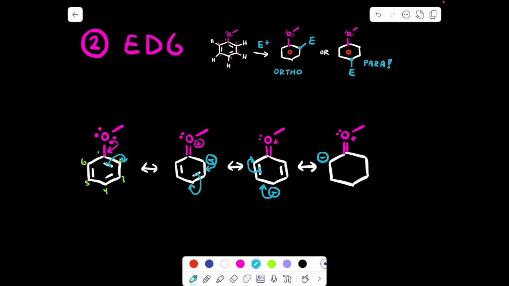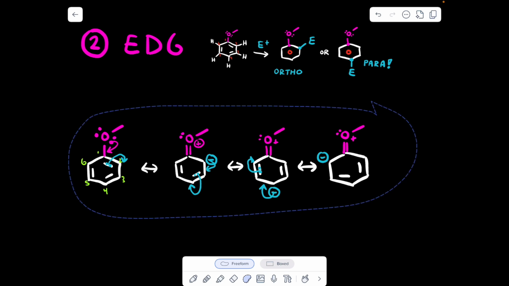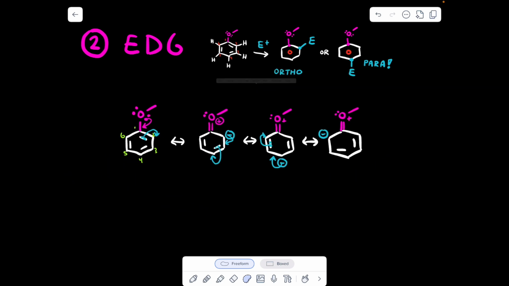So, going back to our original structure, ask yourself, which carbons are nucleophilic, nucleus-loving, so more likely to attack electrophilic things, when there's an electron-donating group on the benzene ring? Well, resonance told me that carbons number 2, 4, and 6 are anionic.